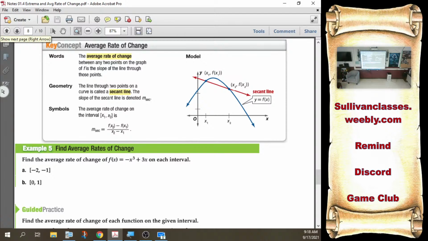Y'all, rate of change is really easy. Average rate of change is basically what we start doing in calculus. Said this pre-calc gets ready for calculus. The slope. Y'all know that slope is rate of change, right?